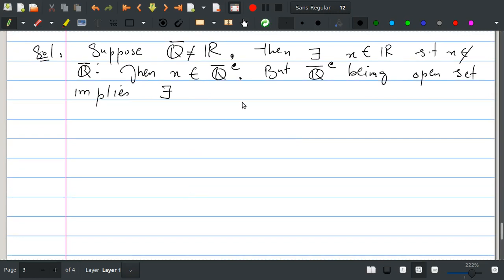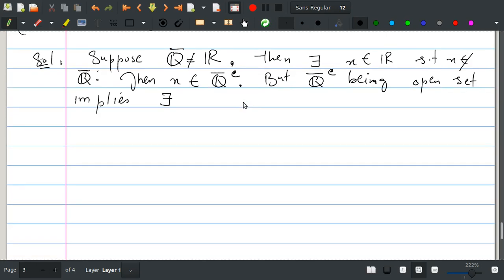Now an open set in the usual topology of R means it is actually an open interval or the union of open intervals, but open interval being basic, so there exists an open interval, say x minus epsilon and x plus epsilon, where this epsilon is a positive real number.